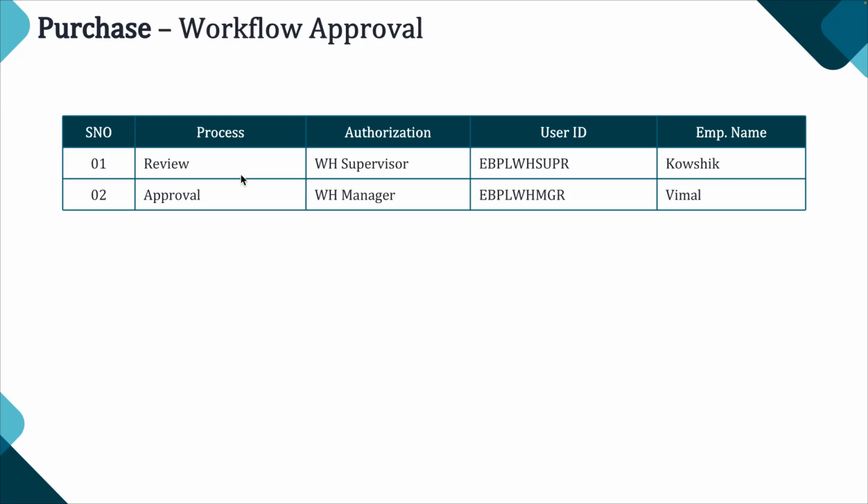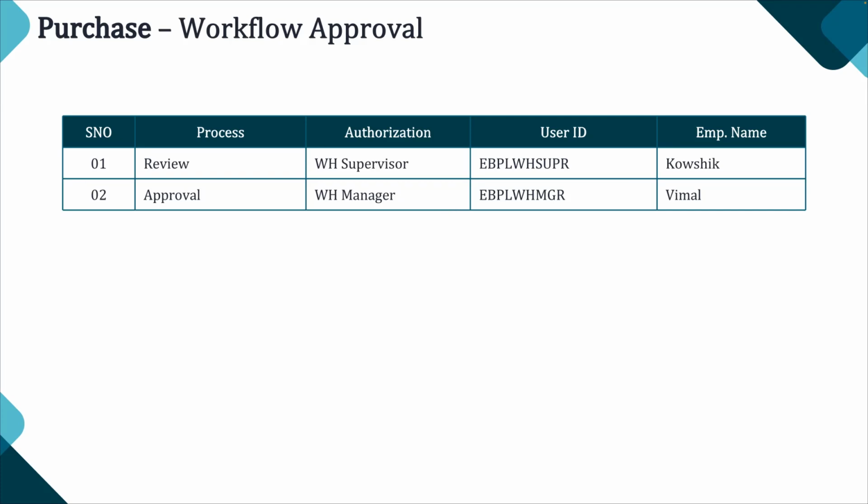After the review, the supervisor will forward the document to the approver. The approver here is our manager, Vimal, who will be approving the document which has been forwarded by the reviewer, that's the supervisor, to our manager in order to approve it. So this is how your workflow approval will be.